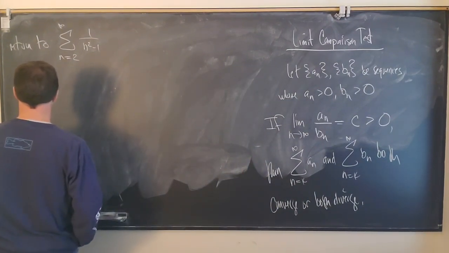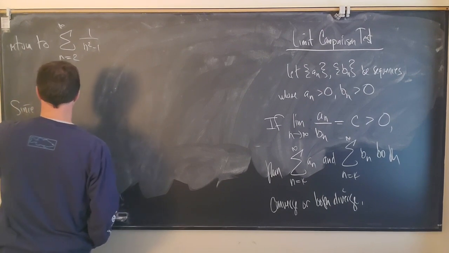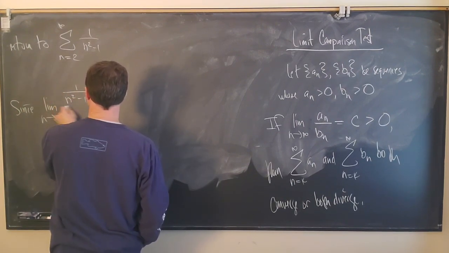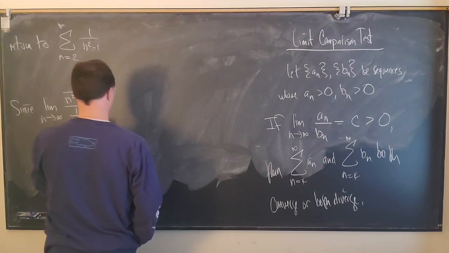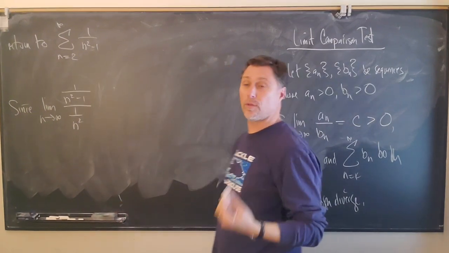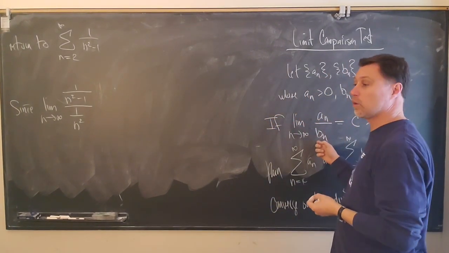Since the limit as n goes to infinity of 1 over n squared minus 1 divided by 1 over n squared, right? This part right here, the one that we're given, is playing the role of a sub n, and the one that we're comparing it to, the 1 over n squared, is playing the role of b sub n.